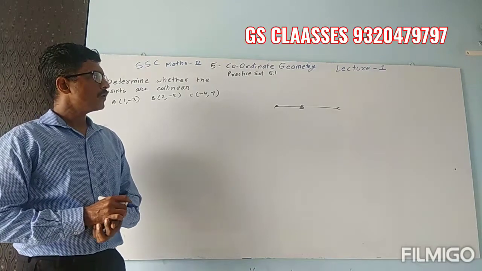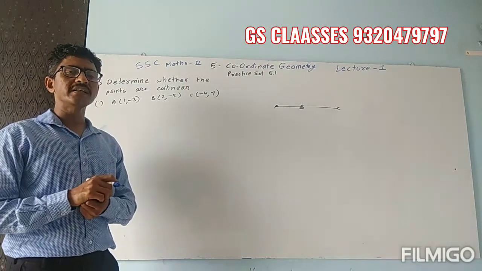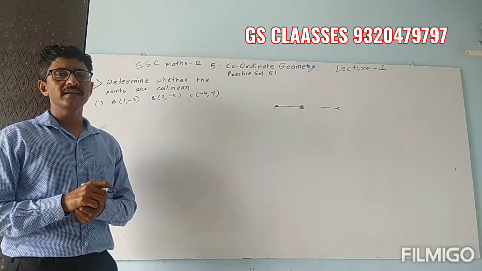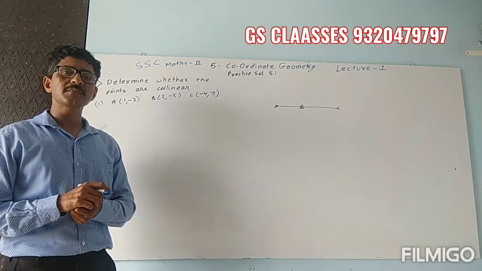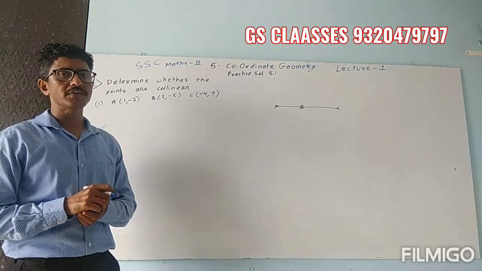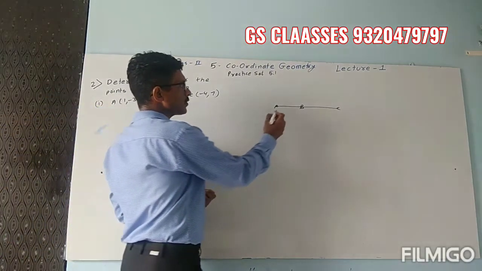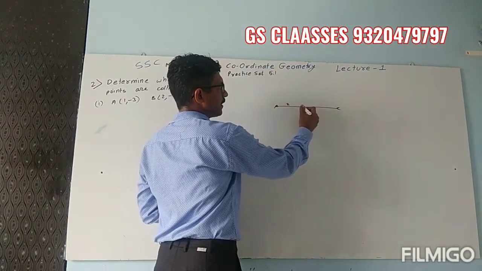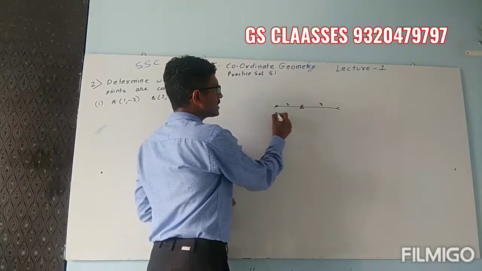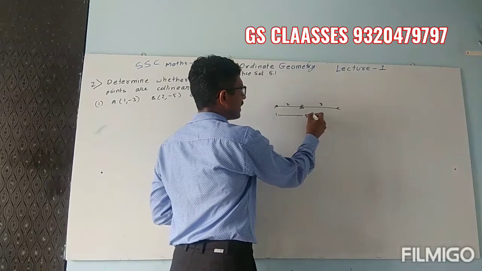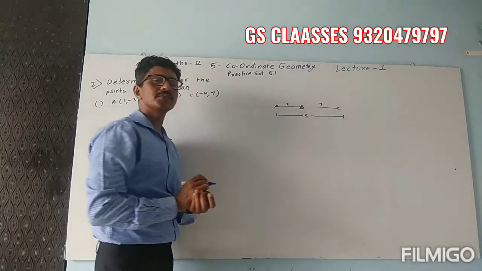Now let us see how the distance formula can help us in proving whether the points are collinear or not. If suppose the distance AB is 2 units and the distance between B and C is 3 units, the distance between A and C has to be 5 units.